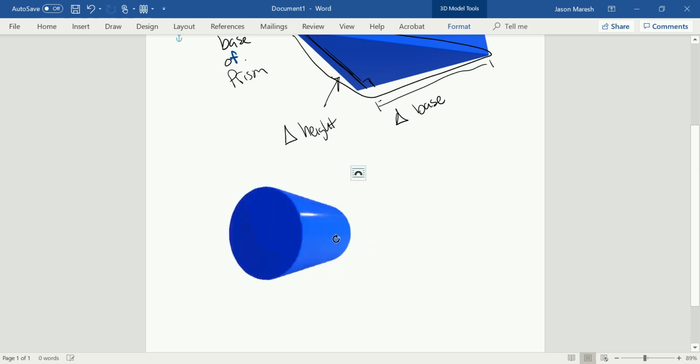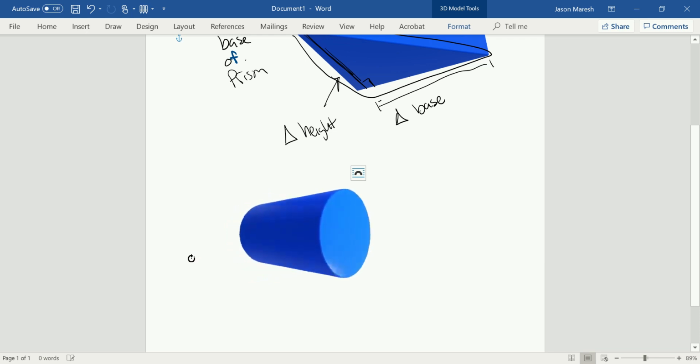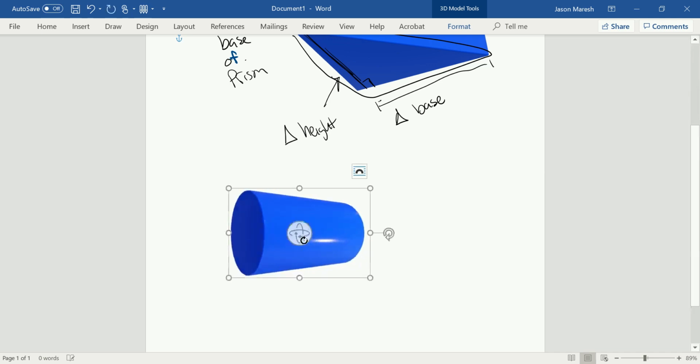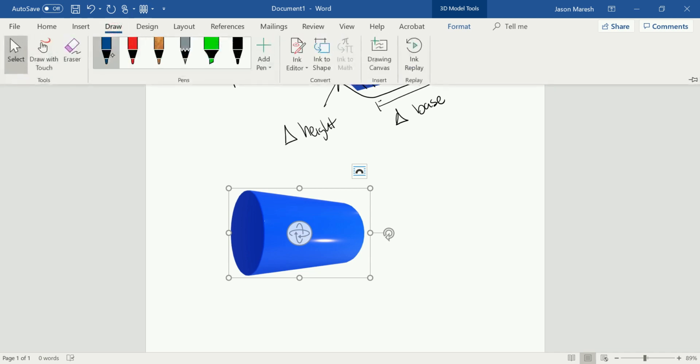Because if the bottom is a circle, the top is also a circle, right? And you guys, you can visualize that. And so where's the height of this thing though? Okay, so circular base.